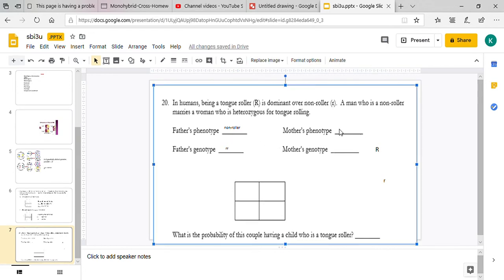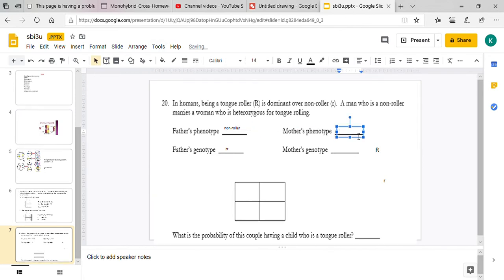The mother's phenotype is she's a tongue roller, and her genotype would be heterozygous, meaning she has an uppercase R and a lowercase r.